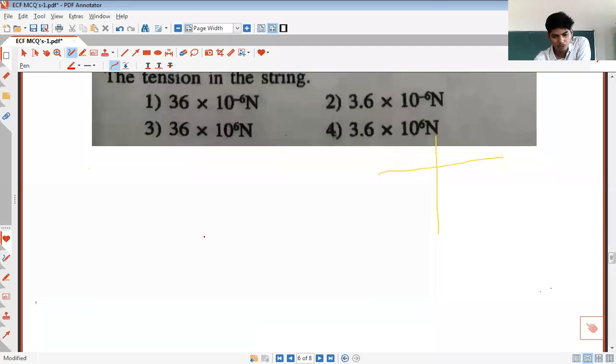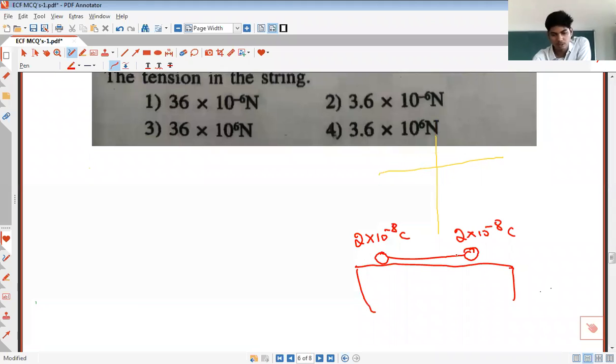They are placed horizontally on a desk, joined by a string. You need to calculate the tension in this string.